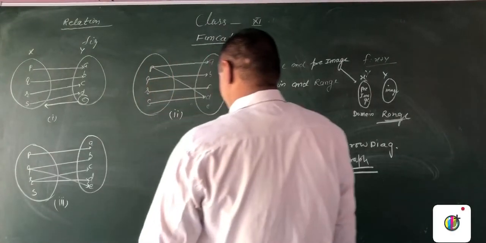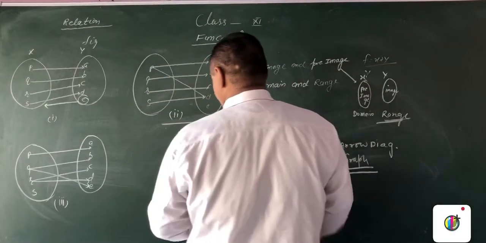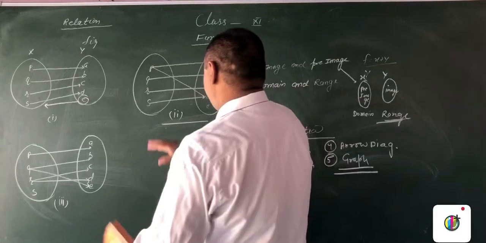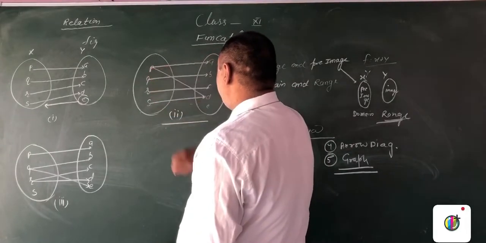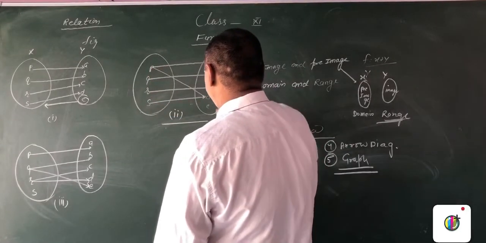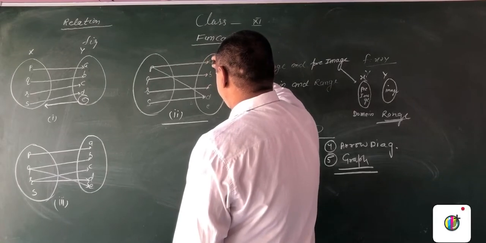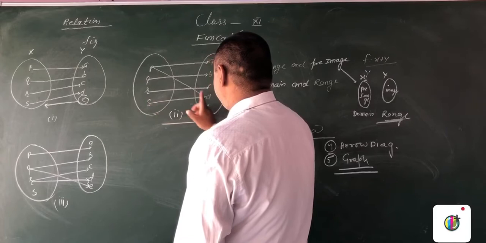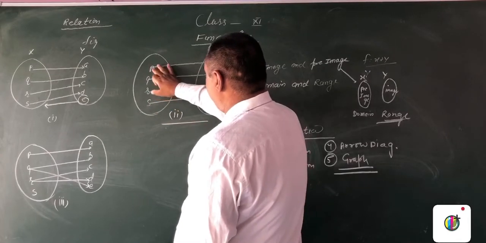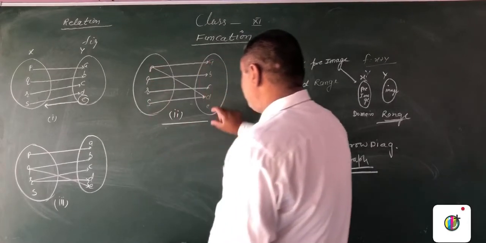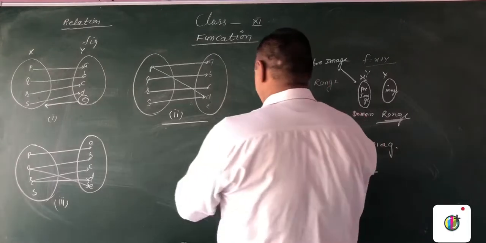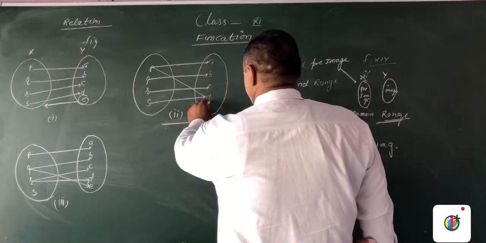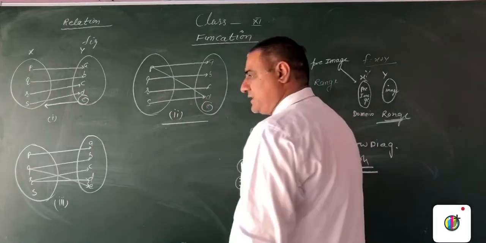In the second, it is also checked that E, an element of x, is associated with 2 elements of y. It is A and D. And D has 2 elements associated with it, P and S. Here one element is left which has no association with x.